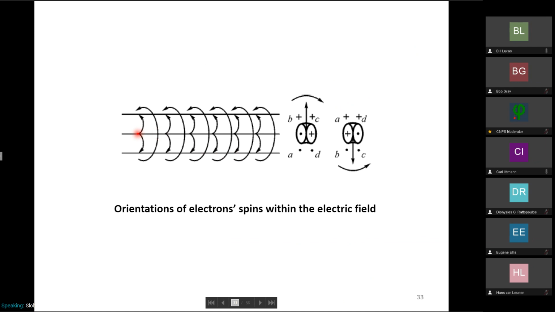When we have a conductor, or better put, a conductor which is put into the electric field, so we have here the plus pole and minus pole of a battery, for example.